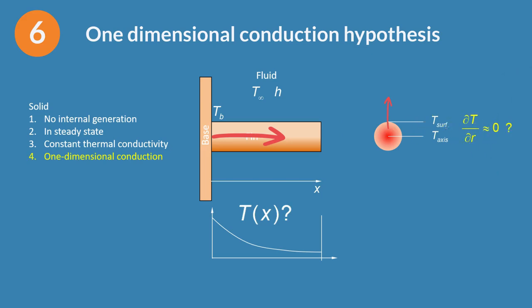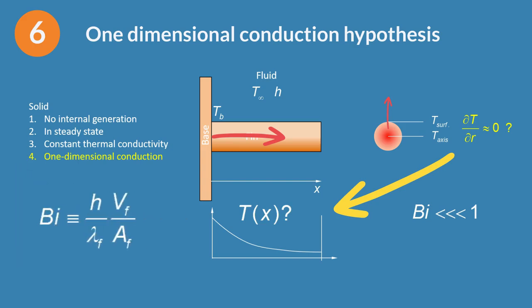However, if this temperature difference is very small, it is reasonable to consider only one value of T for each cross-section. It can be demonstrated that, when the Biot number is very small, the difference of temperature in the cross area is very small compared with the temperature difference between the fin and the surrounding fluid.